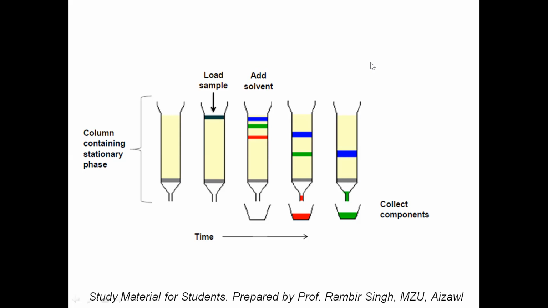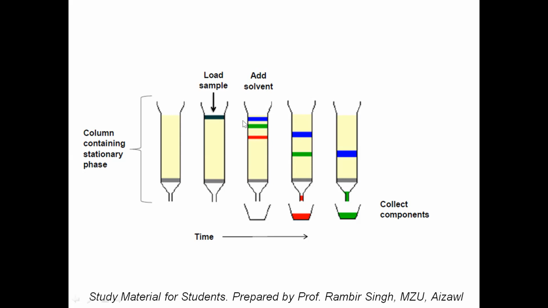Very good. So suppose you think about this column where three compounds were interacting with the stationary phase. From this, we can make out that the blue one has the strongest interaction and the red one has the weakest interaction.